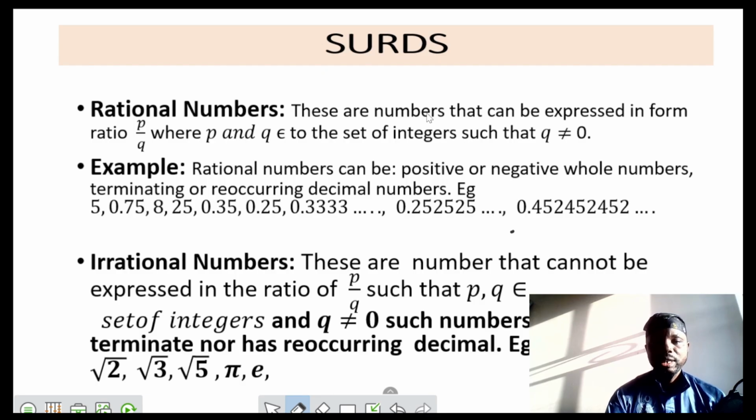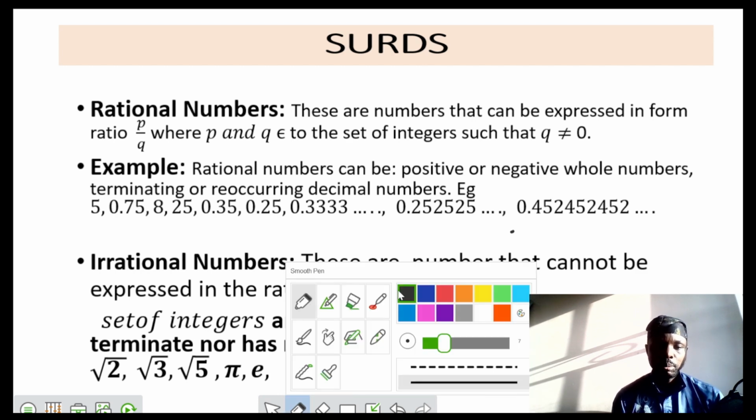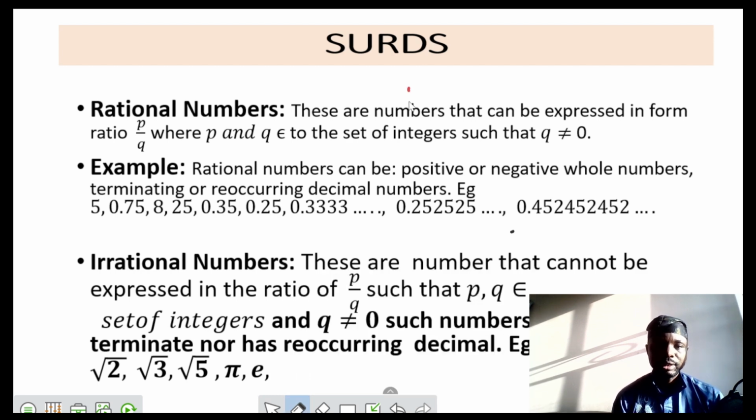When it says set of integers, I mean they can be positive or negative whole numbers. That's what it means by set of integers. Then Q must not be equal to 0.